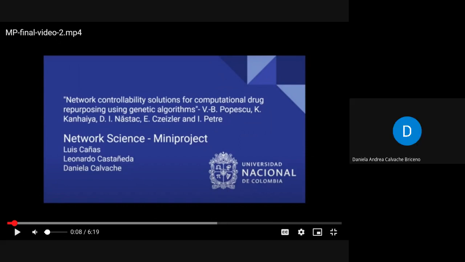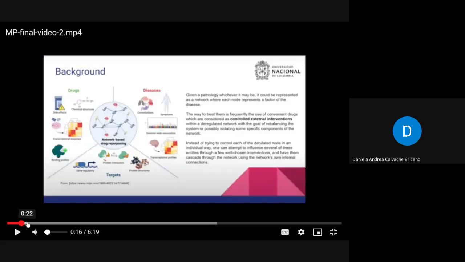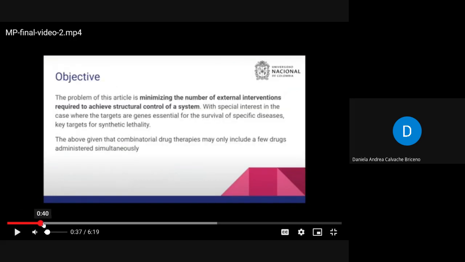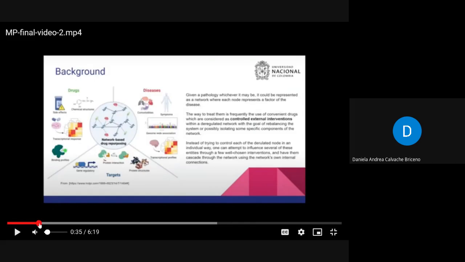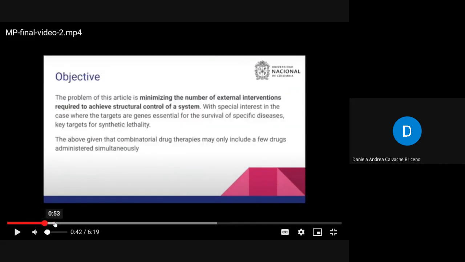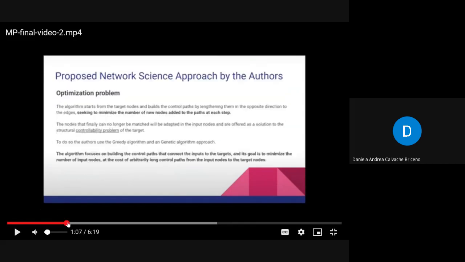So I'll give the first context. We worked on a network based on pathologies, the one that they were talking about in the video, where each node of the network is a gene. And the problem of this investigation was to try to minimize the number of external interventions that were needed to control or regulate the network.